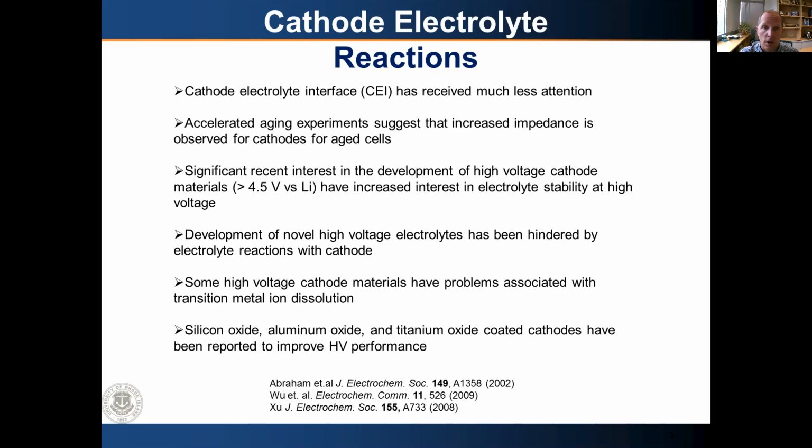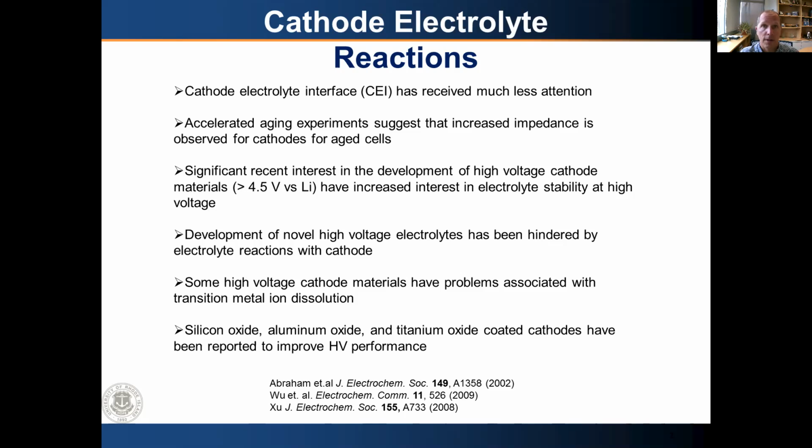And certainly in the earlier times of lithium-ion batteries, where the lifetime of the batteries was not particularly long, 100 or 200 cycles, the interface on the cathode was not as significant of a problem as on the anode.